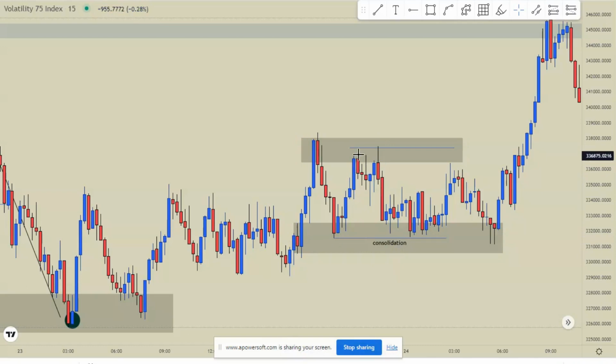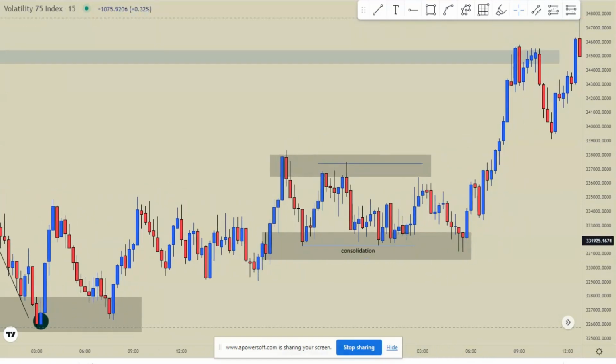Then it still reacts to supply and doesn't break through, so it calls for a consolidation. For anyone trading this area, and you're not using any indicators, which I'm going to talk about next, you'll be able to determine it if you properly determine the area of demand.